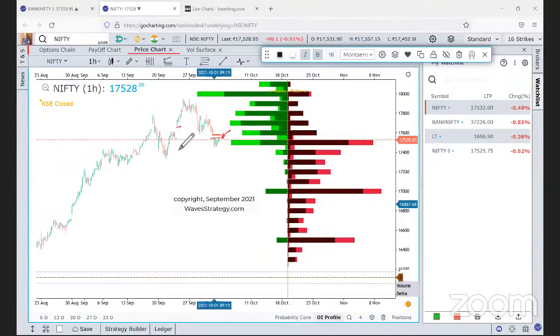This gap is now filled जो यहाँ पर बना था, and this entire pattern looks like an island. This looks like an island on the assumption that if we break the low, तो 17,450 से 17,400 अगर ब्रेक होता है, then we know that some serious selling pressure can kick in.